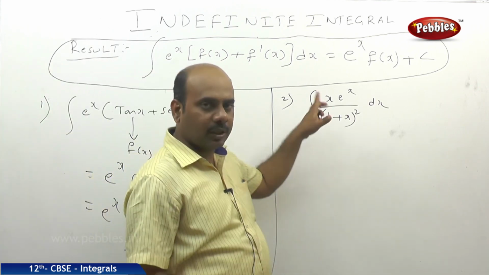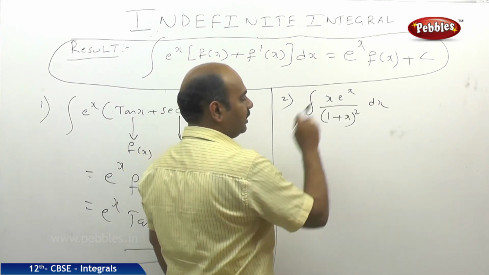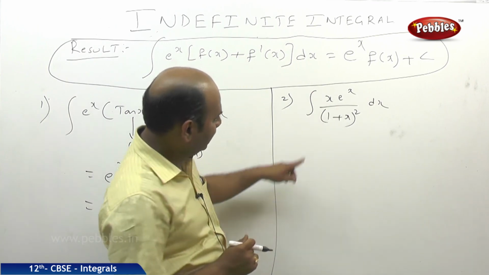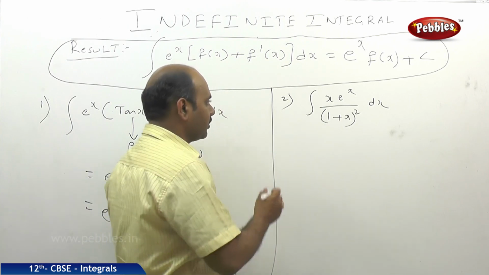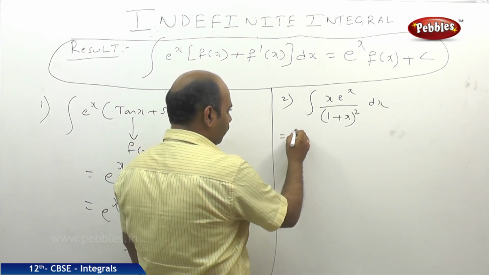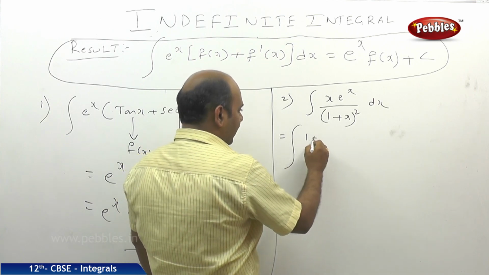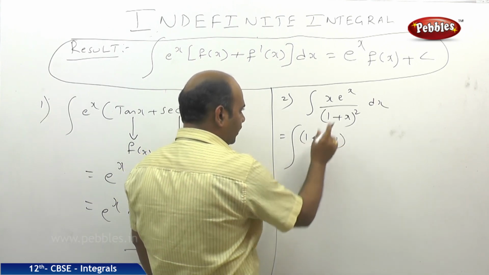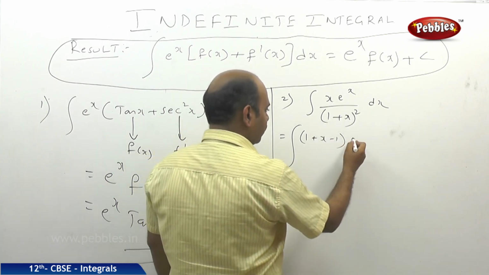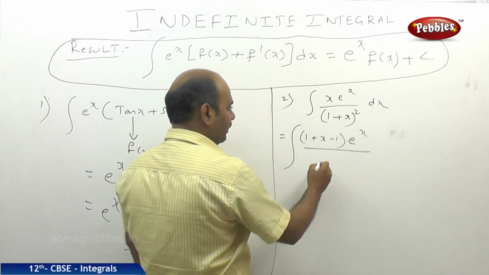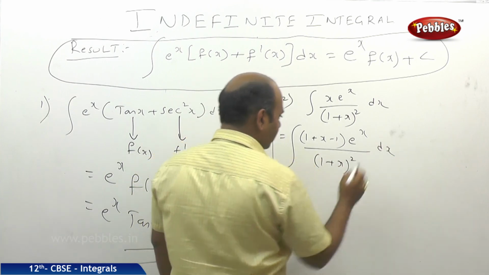But don't think that every problem will be as easy as the first one. So here there will be a little manipulation in the second problem. Integral of x into e power x divided by 1 plus x whole square dx. When coming to this kind of problems, see here, I will add 1 and subtract 1 to this particular x. So 1 plus x minus 1 results in x only, so no loss to us, whole divided by 1 plus x whole square dx.